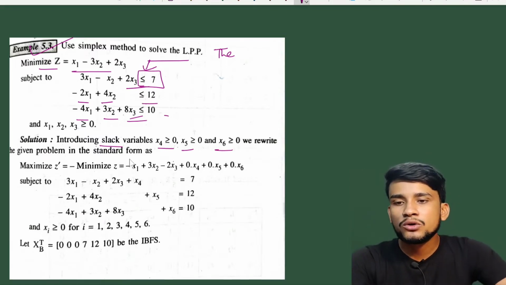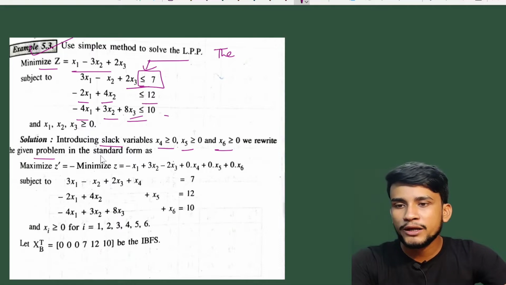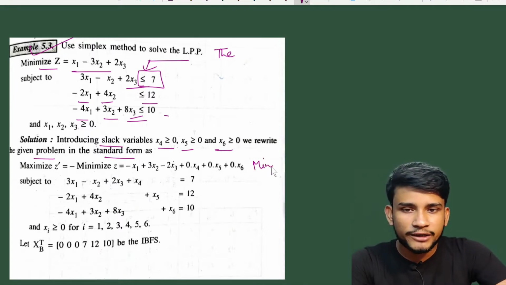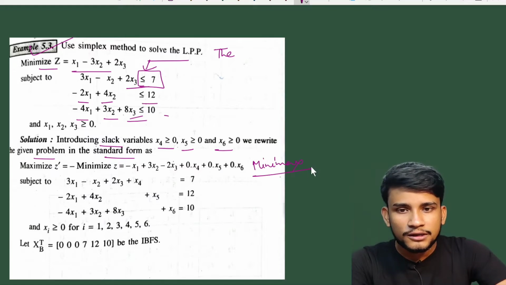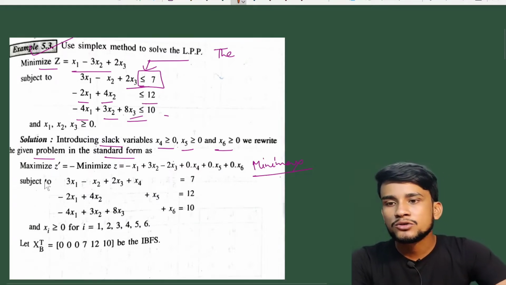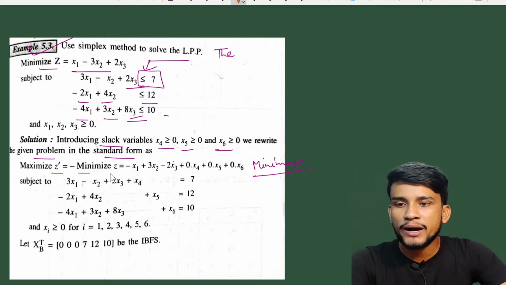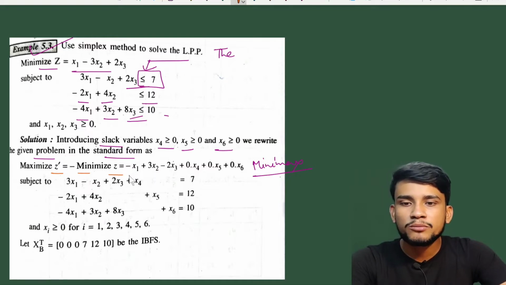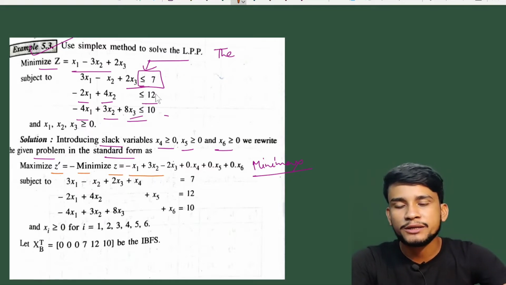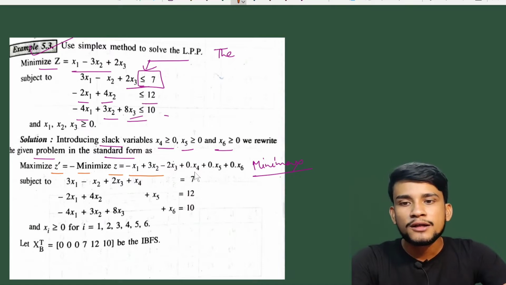Now we rewrite the problem in standard form, and here we use the minimax theorem. Maximum of z dash equals minus minimum of z, so we multiply this objective function by a negative sign, plus 0 into x4 plus 0 into x5 plus 0 into x6, since these are the slack variables.